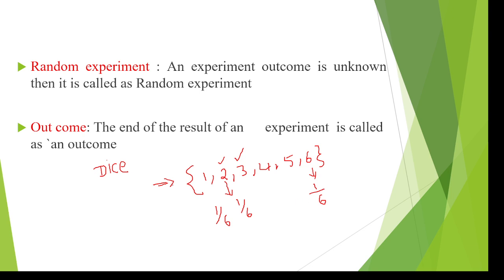That's why, in a random experiment, we cannot know the outcome beforehand. If you consider any experiment, the final output is called an outcome.